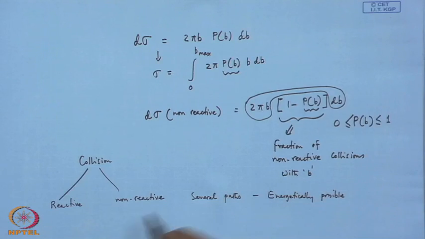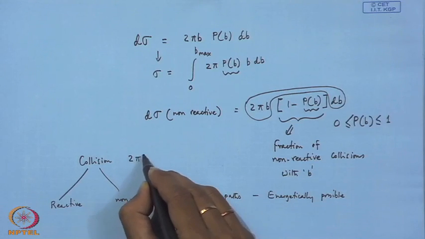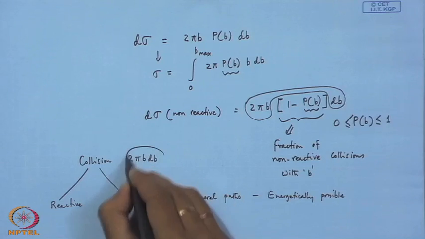But it will never be more than 2π b db when the impact parameter is b. So that is the limit.